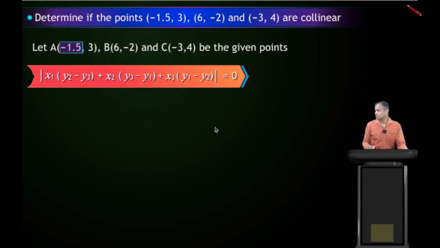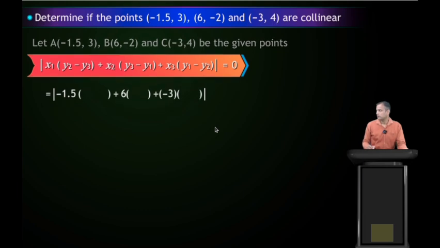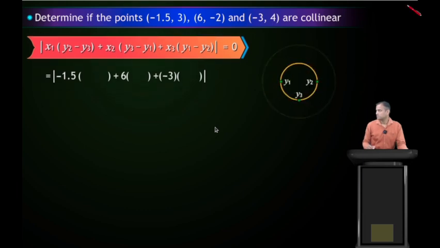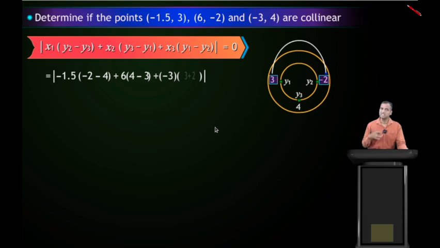So put the values of the points. So minus 1.5, then 6, then minus 3. Now put y2, it is minus 2 minus 4, then y3 minus y1, it is 4 minus 3, then y1 minus y2 is 3 minus minus, plus.